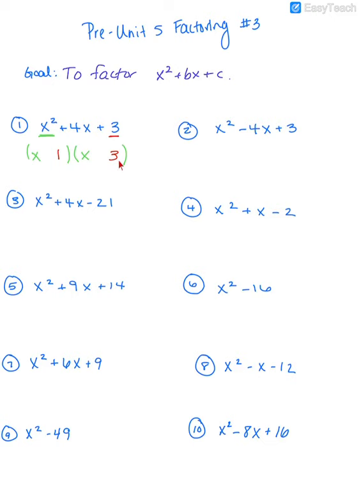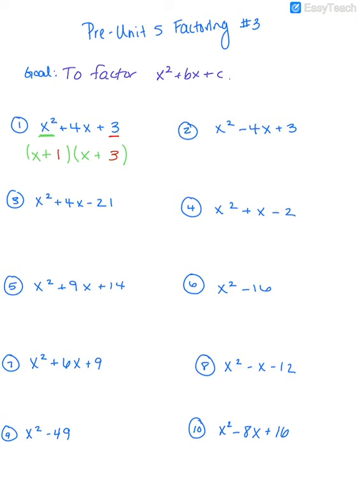Your outside would be 3x. Your inside would be 1x. The only way to get 4x out of that is if it was addition here. And I'm going to show you how we can check this in a minute. So you'd have a 3x and a 1x, which adds to 4x. And your last times your last is 1 times 3, which is 3.